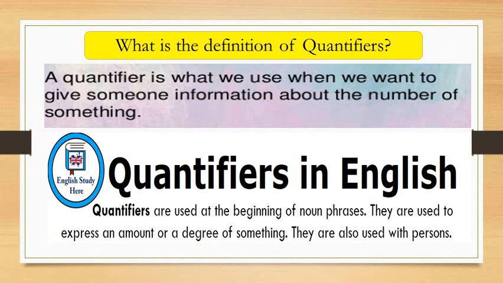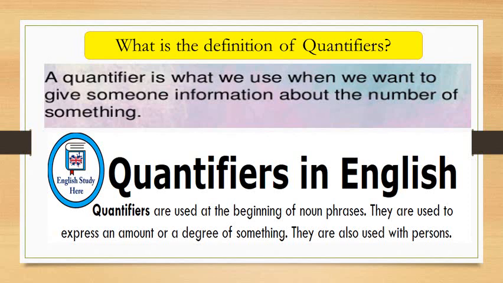Okay, so quantifiers are divided into quantifiers for countable nouns and quantifiers for uncountable nouns. A quantifier is what we use when we want to give someone information about the number of something. Quantifiers in English are used at the beginning of noun phrases.